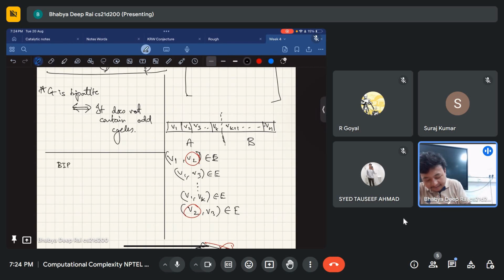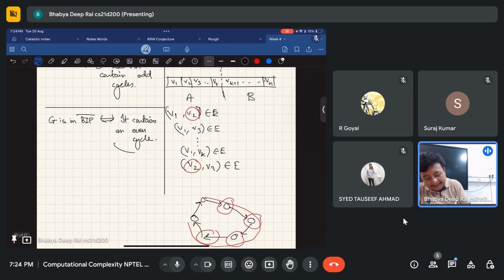Since it's an if and only if, G is in bipartite complement if it contains an even cycle. Correct? And this can be done in NL.